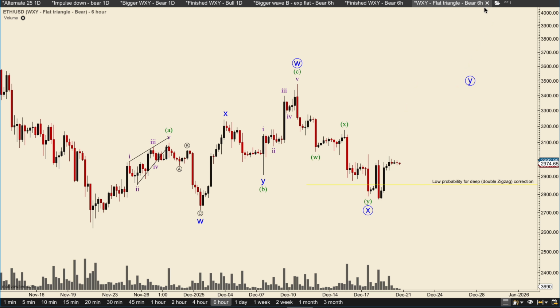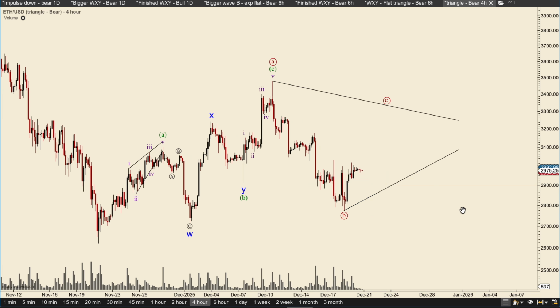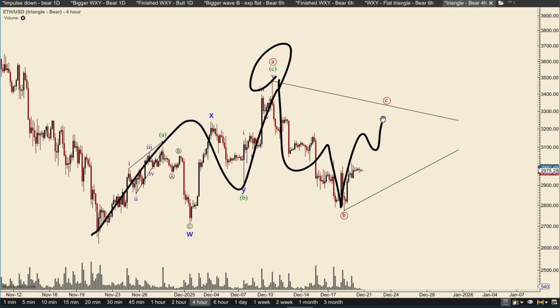That means it is a higher probability that this wave Y is either a triangle or a flat. So that is basically the highest probability right now. And the other scenario is that we are basically looking at a triangle. So wave A, wave B, C, D, E, and then we move down.